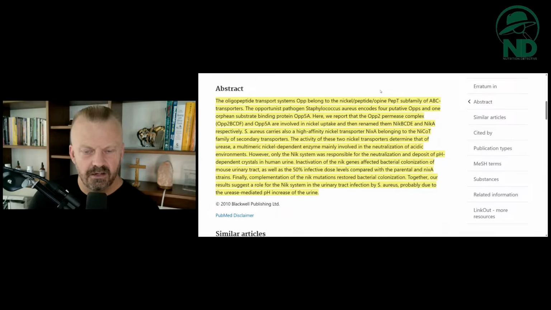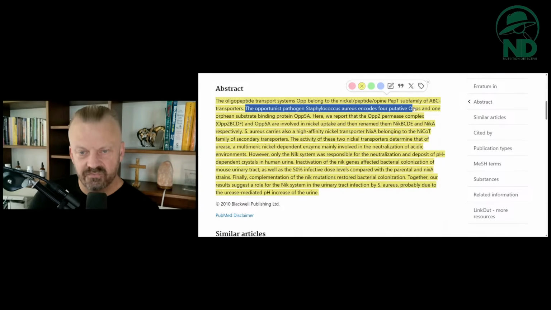So, I don't know that I'm going to spend tons of time on this. There are multiple nickel transporters in Staph. Oh, yeah, here we go. The opportunist pathogen, Staph aureus, encodes 4 putative OPPs and 1 orphan substrate binding protein, OPP5A.